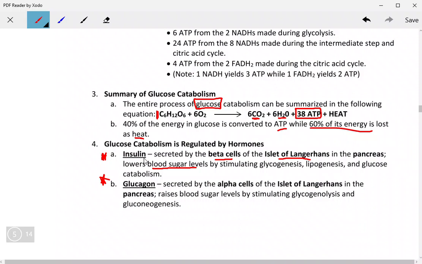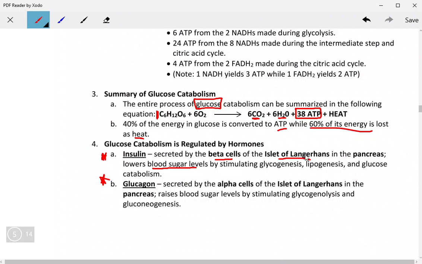Insulin gives the cells the signal to say, hey, take up glucose from the blood so that the blood doesn't have an excessive amount of glucose in it. So insulin will lower your blood glucose level to a normal range. And don't forget, insulin is released by your beta cells of the islets of Langerhans, which are found within the pancreas.